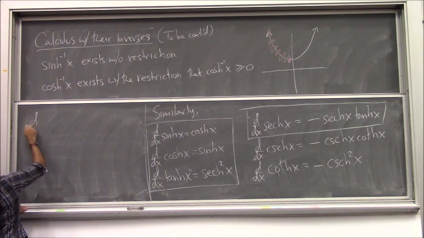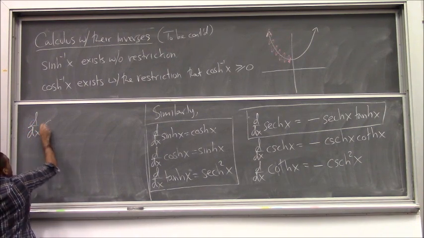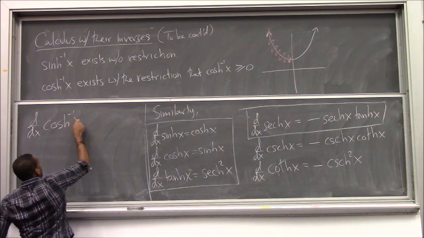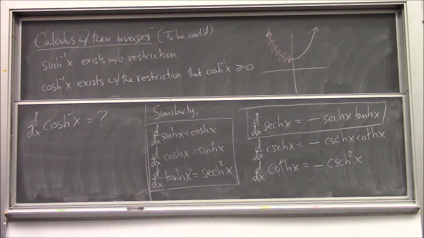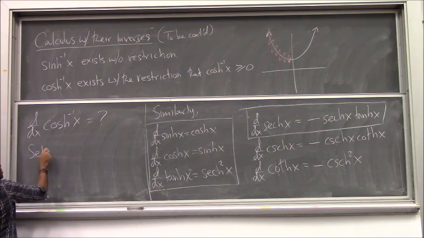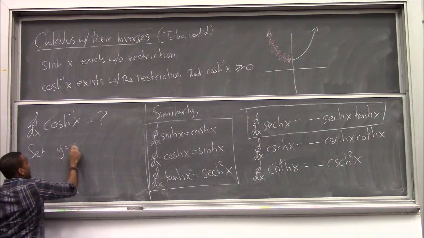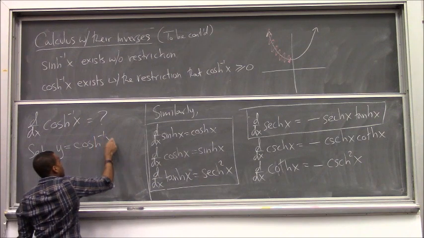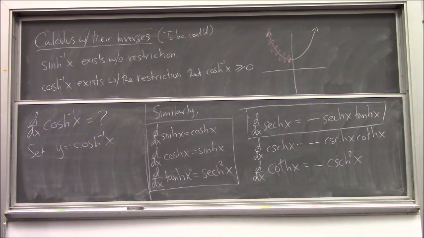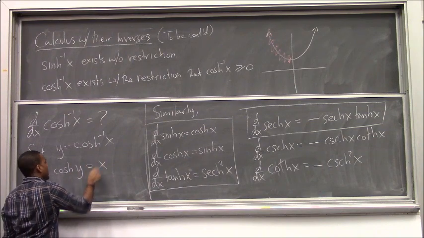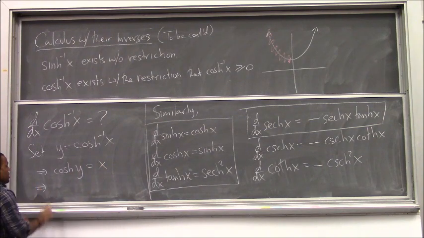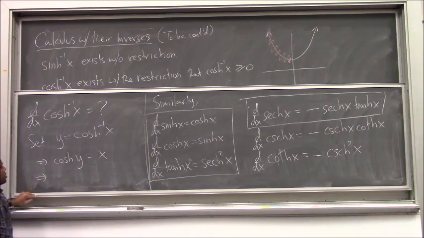If you wanted to find the derivative of, say, the cosh inverse, how would you do that? Well, what you can do is set y equals cosh inverse of x. This would mean that cosh of y equals x. This means you can differentiate this side using the chain rule. What would you get?